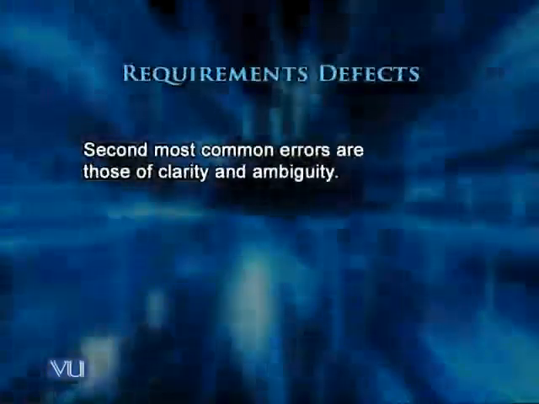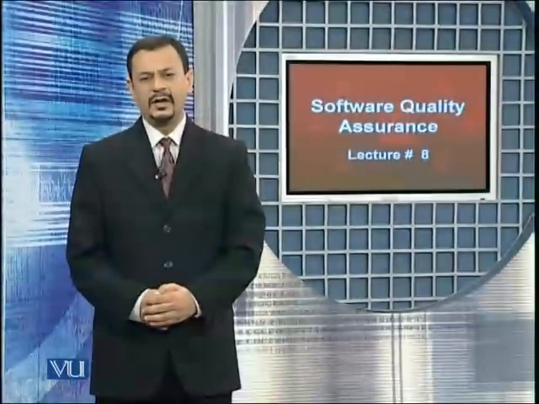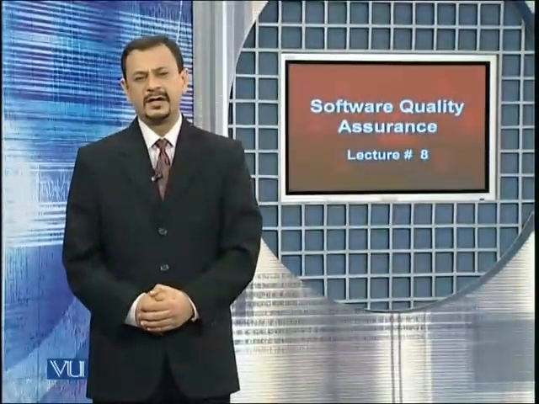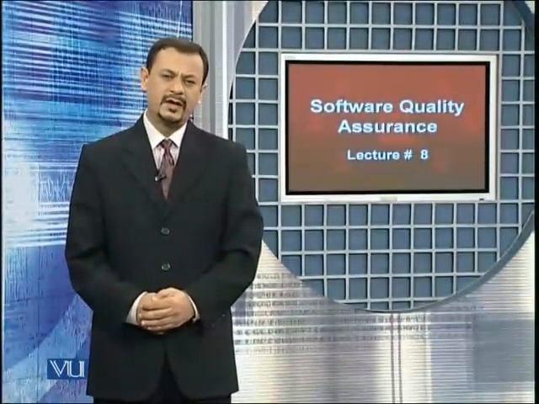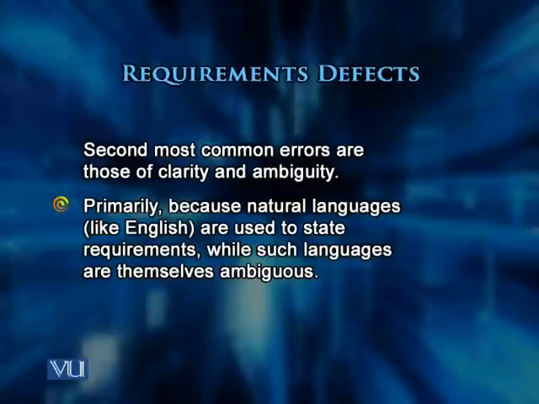The second most commonly occurring requirements errors are those of clarity and ambiguity. And this is also very intuitive. It's very easy to understand why this happens, primarily because natural languages like English or Japanese or French or other spoken languages are used to state requirements. On the other hand, these languages are themselves ambiguous.